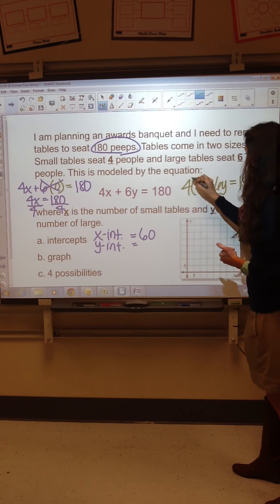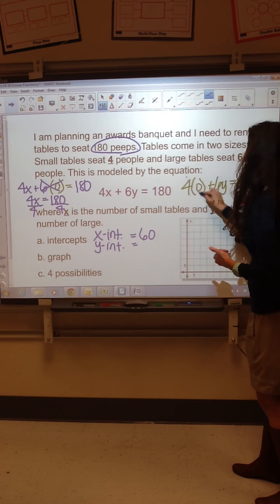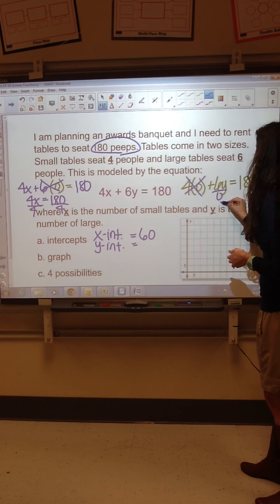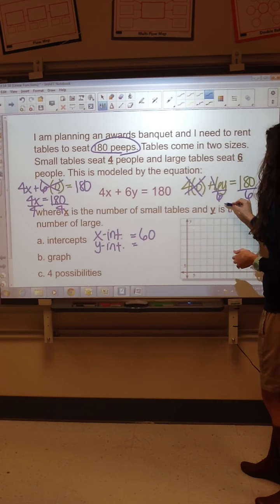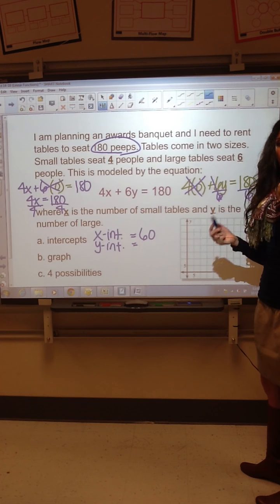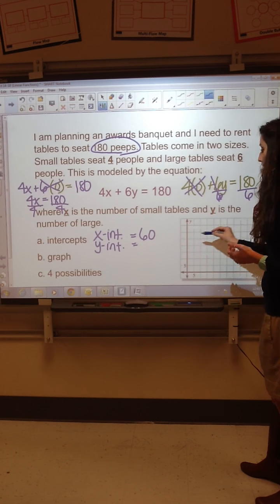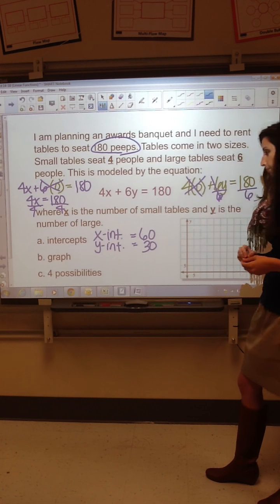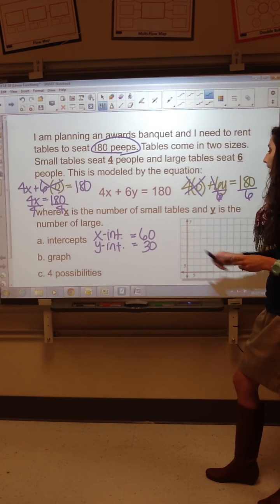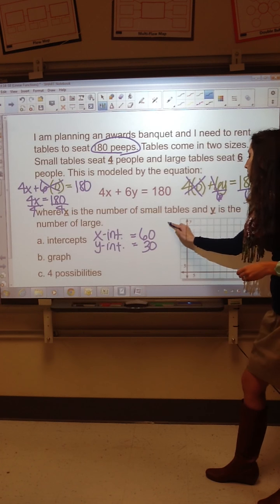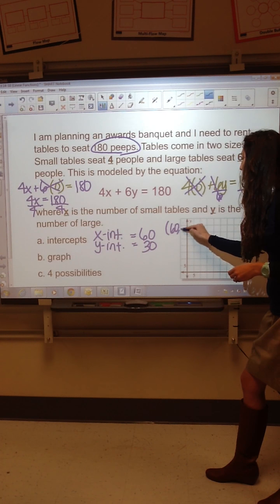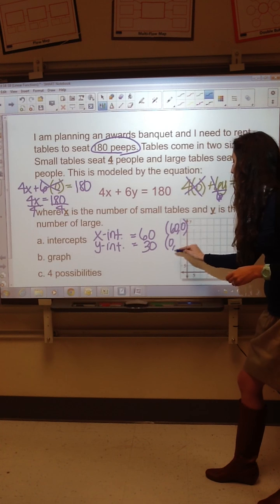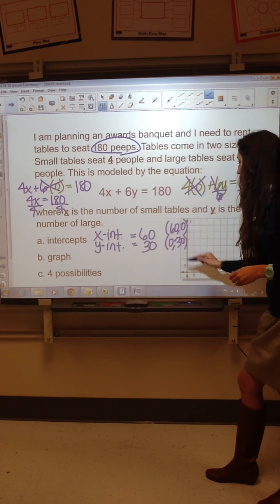Okay, 4 times 0, those cancel. 6y equals 180, how do I get y by itself? Divide by 6, divide by 6, these cancel. Y equals 180 divided by 6, or y-intercept is 30. Okay? So now that I know it, my x-intercept means my x is 60 and my y is 0. And then my y-intercept, my x is 0 and my y is 30.